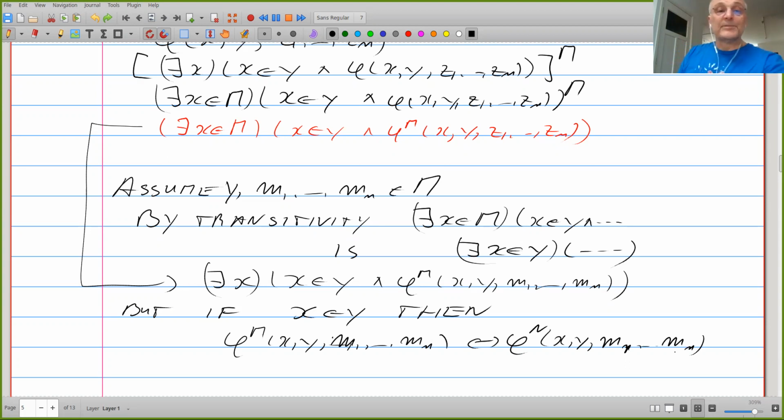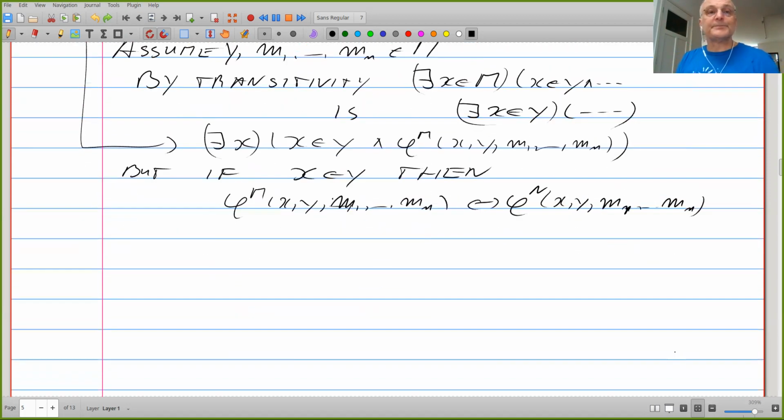Now we use the assumption that phi is absolute between the two models, between the two sets. Phi M of x, y, m1 up to mn and phi N of x, y, m1 up to mn are equivalent.